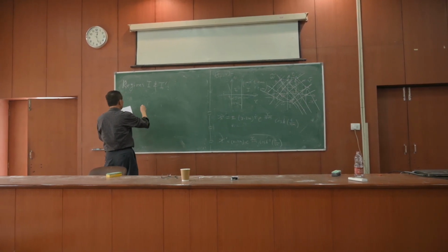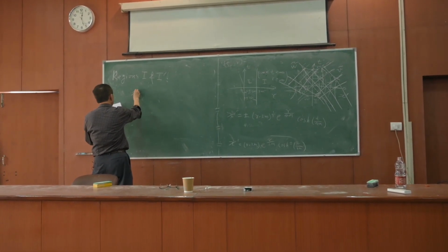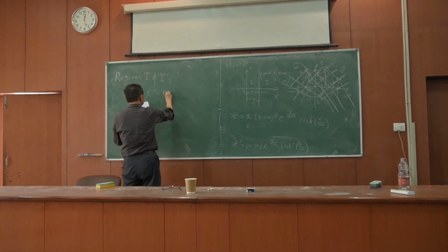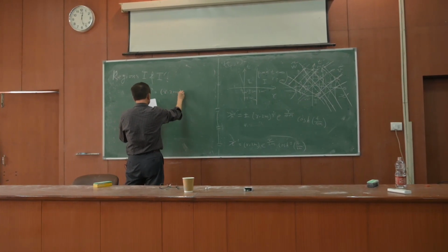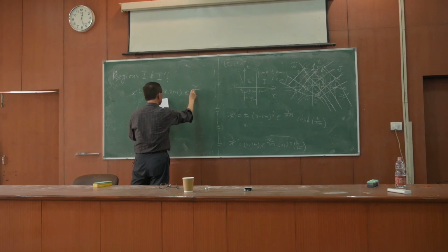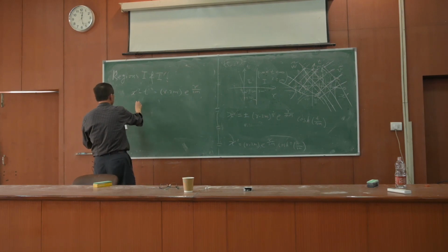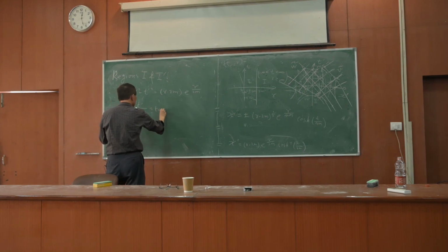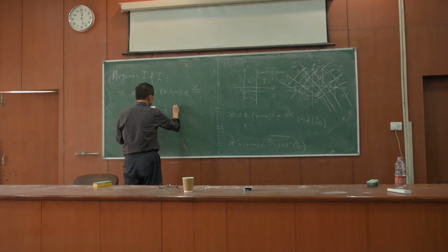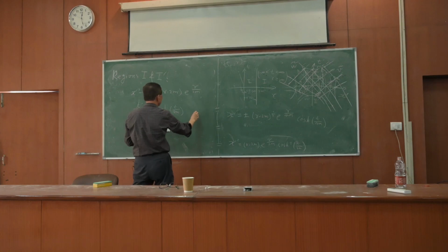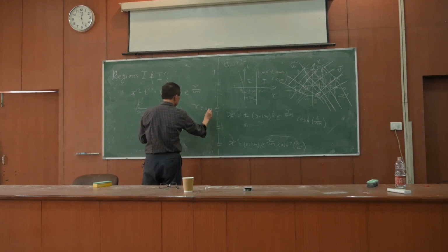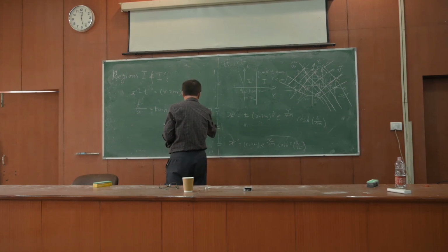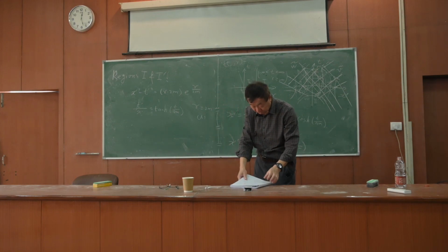In that region we have x prime squared minus t prime squared equal to r minus 2m times e to the r over 2m, and t prime over x prime equal to hyperbolic tangent of t over 4m. We do not need the numbers. Let's put this.